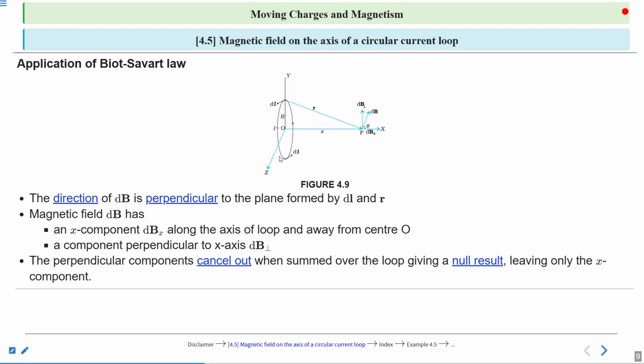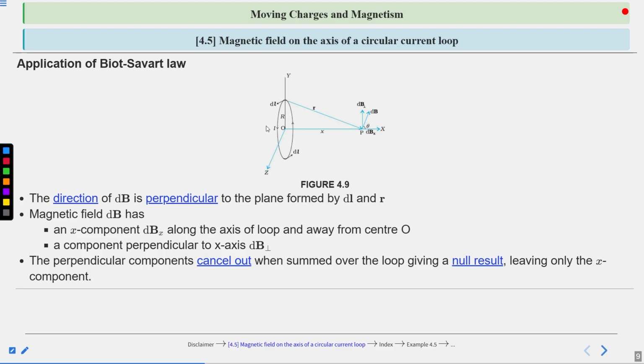Okay, so this lowermost dl is exactly opposite to the uppermost dl. If we take any dl element on the loop, there is an exactly opposite dl that exists. So the perpendicular components cancel out when summed over the loop.